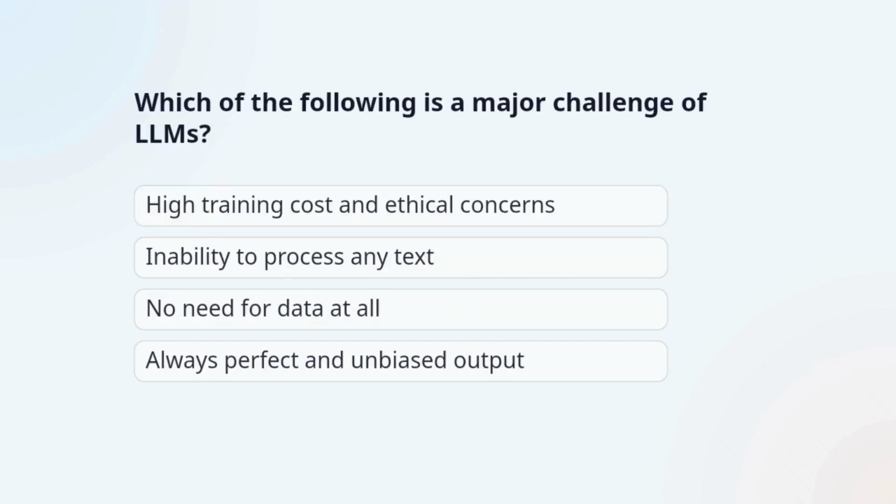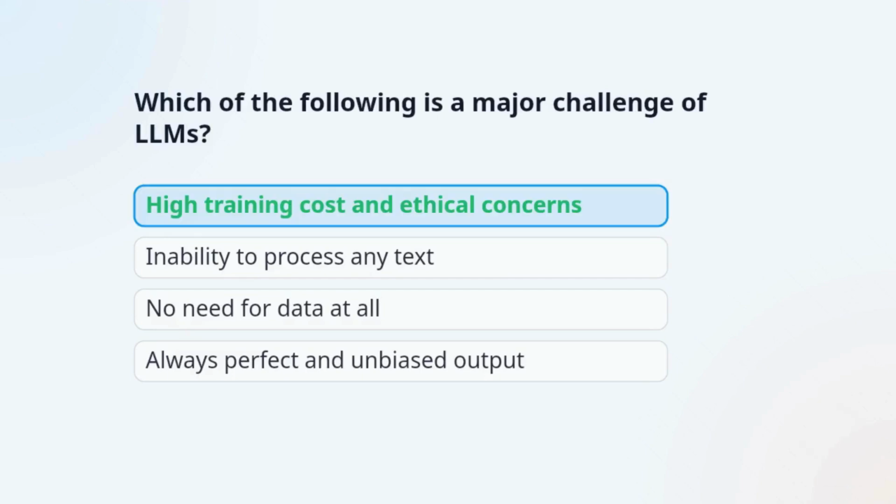Question 3. Which of the following is a major challenge of LLMs? The correct answer is high training cost and ethical concerns. LLMs can be expensive to train and raise issues like bias, misinformation, and environmental impact. These are important limitations to understand.